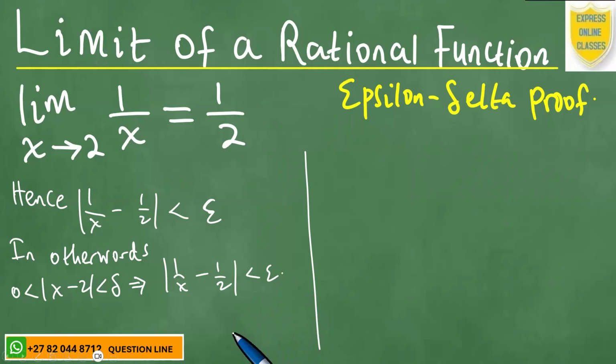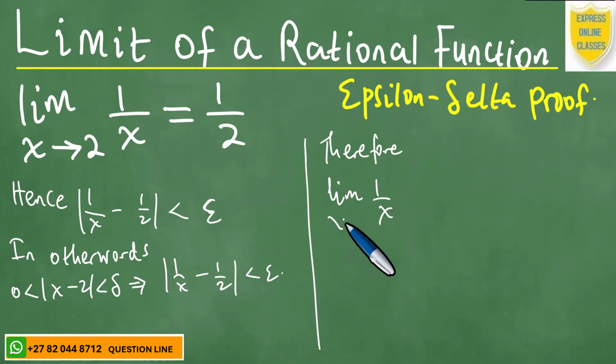So we're able to make the following conclusion: therefore the limit of 1 over x as x approaches 2 is 1/2.